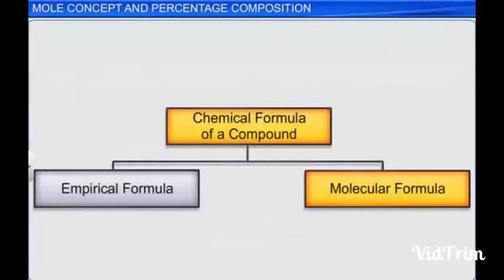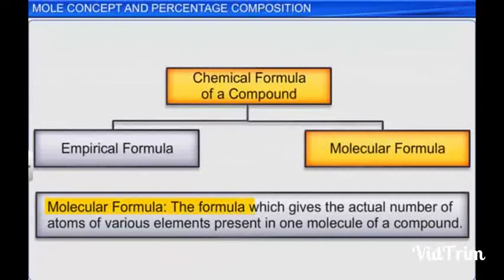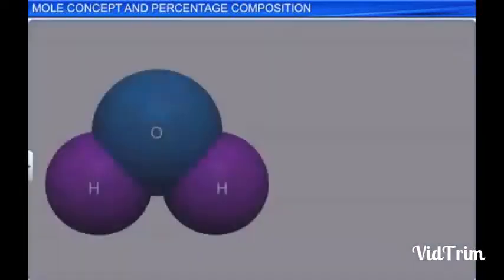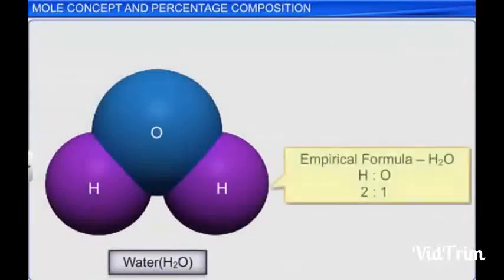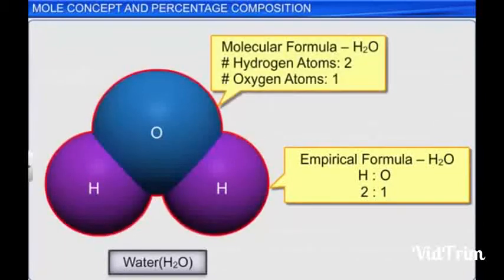The molecular formula is defined as the formula which gives the actual number of atoms of various elements present in one molecule of a compound. In case of water, the molecular formula is H2O, same as the empirical formula, because one molecule of water contains 2 atoms of hydrogen and 1 atom of oxygen.